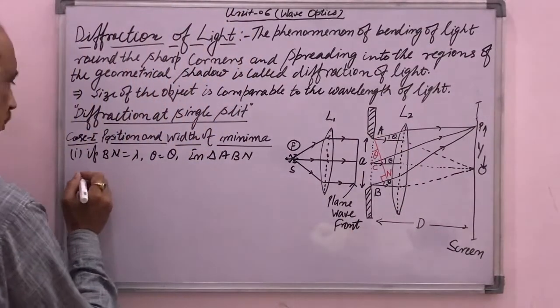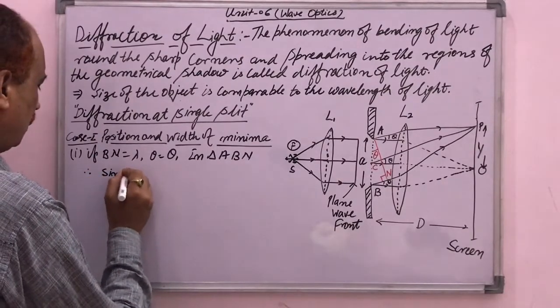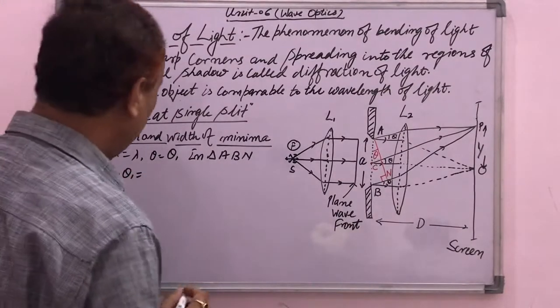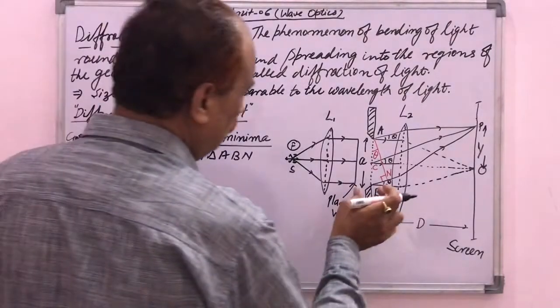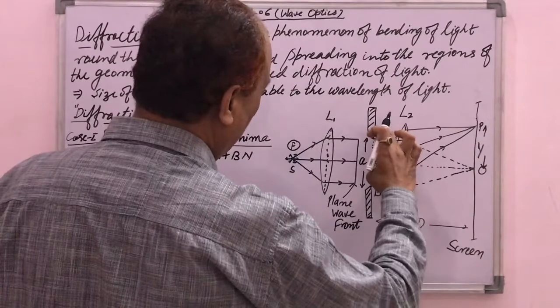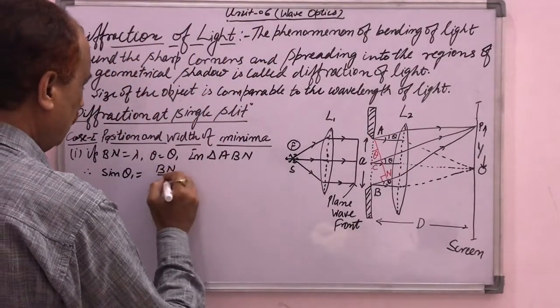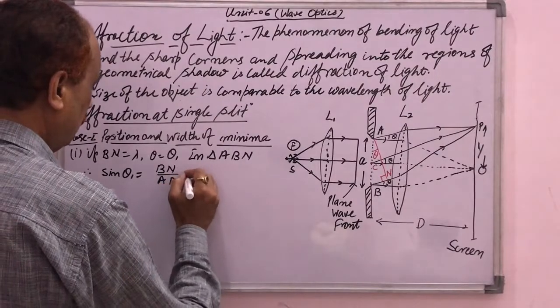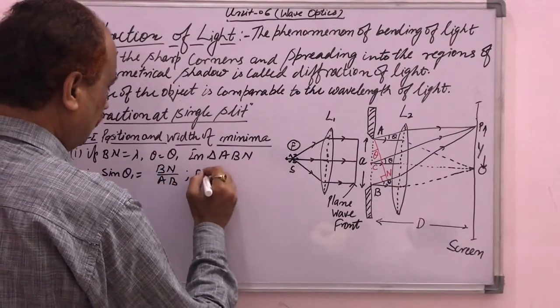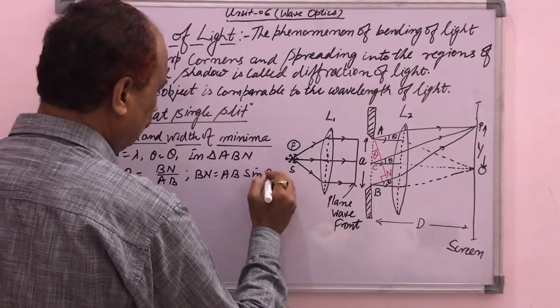In this triangle ABN, sine theta 1 is equal to perpendicular upon hypotenuse, so BN upon AB. Therefore, BN, the path difference, will be equal to AB sine theta 1.